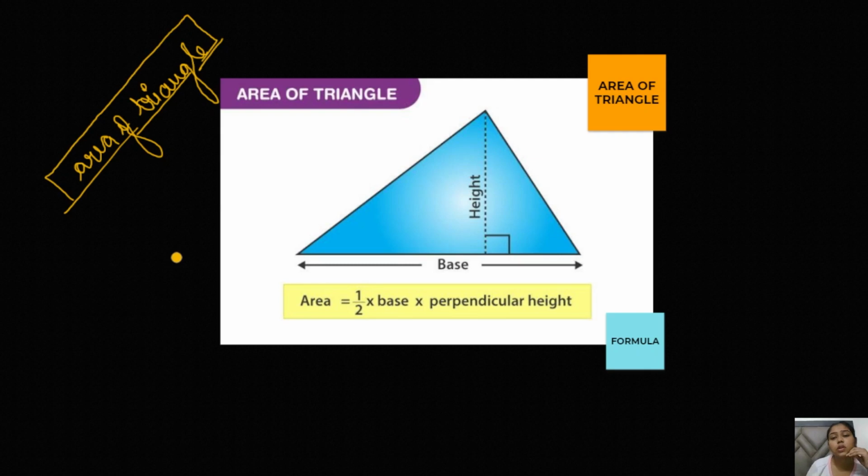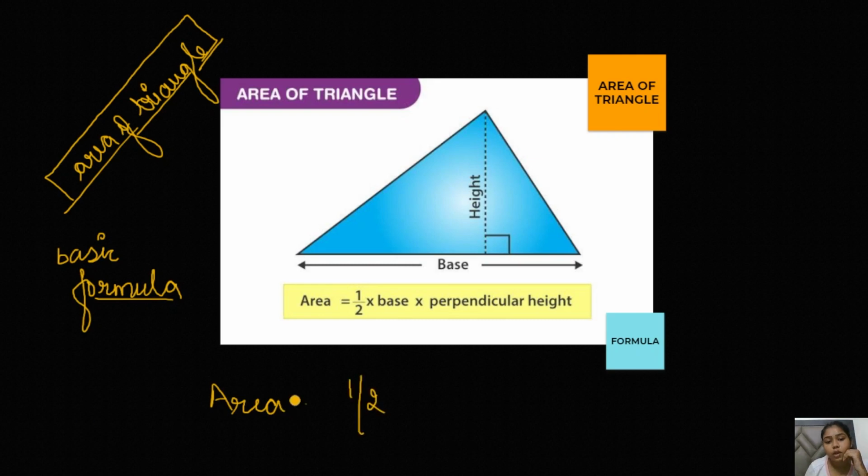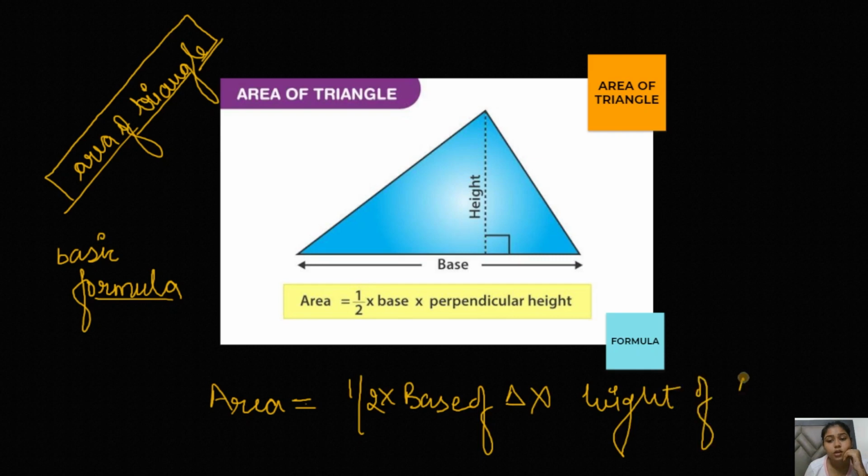In this particular chapter we will be learning a very basic formula for the area of the triangle. So the basic formula is area equals half into base of the triangle into height of the triangle, the altitude of the triangle. This is what we call the area of the triangle.